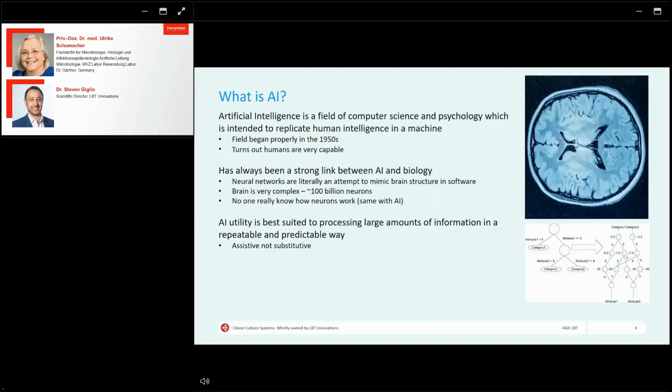This is not dissimilar to how any person works in terms of framing a problem and trying to solve a solution. There's different ways to do that. AI is just really trying to replicate that thought process and be assistive and not substitutive. So, AI is not looking to replace anyone. It's here to help with very specific things that humans do struggle with.